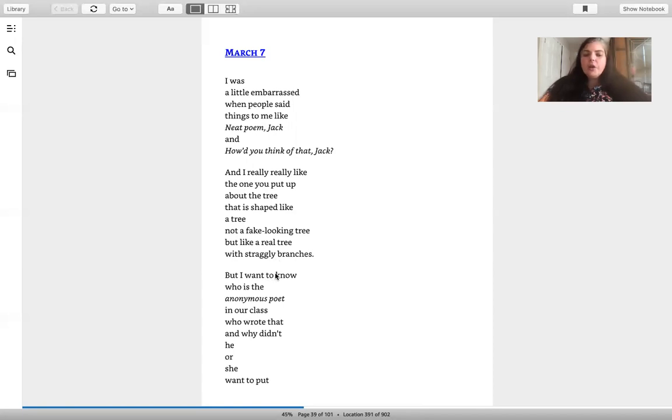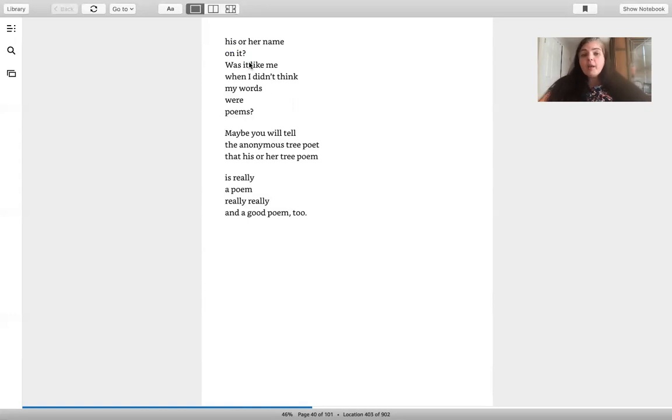But I want to know who is the anonymous poet in our class who wrote that, and why didn't he or she want to put his or her name on it? Was it like me when I didn't think my words were poems? Maybe you will tell me the anonymous tree poet and that his or her tree poem is really a poem. Really, really a good poem, too.